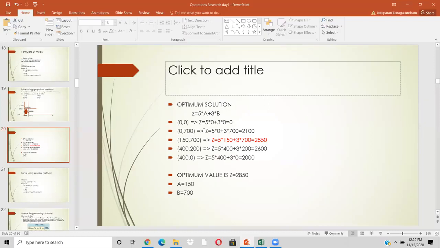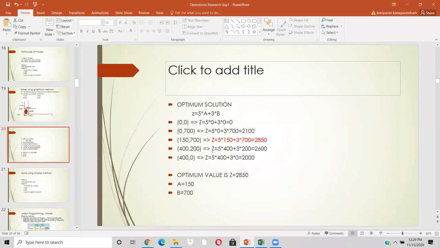Similarly, here A is equal to 0 and B is equal to 700. Substituting, we get 2100. Similarly, here A is equal to 150 and B is equal to 700. By substituting A 150 and B 700, we get 2850.